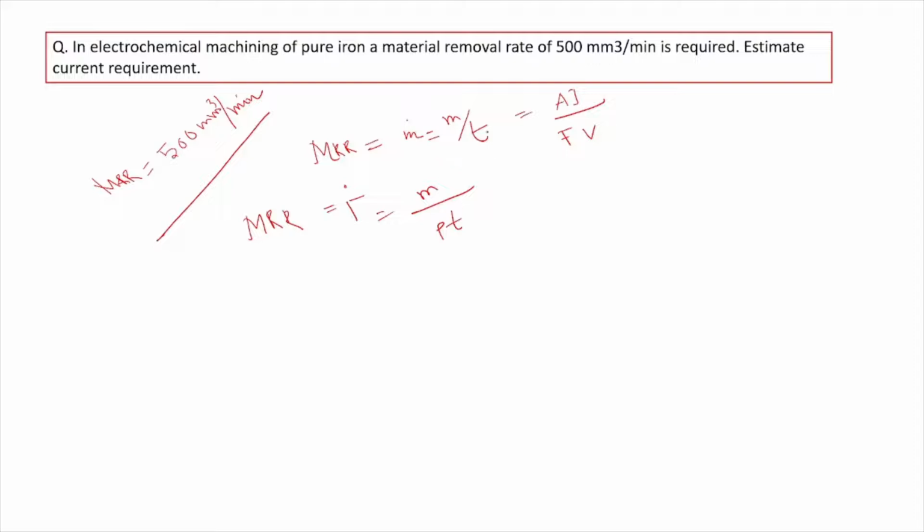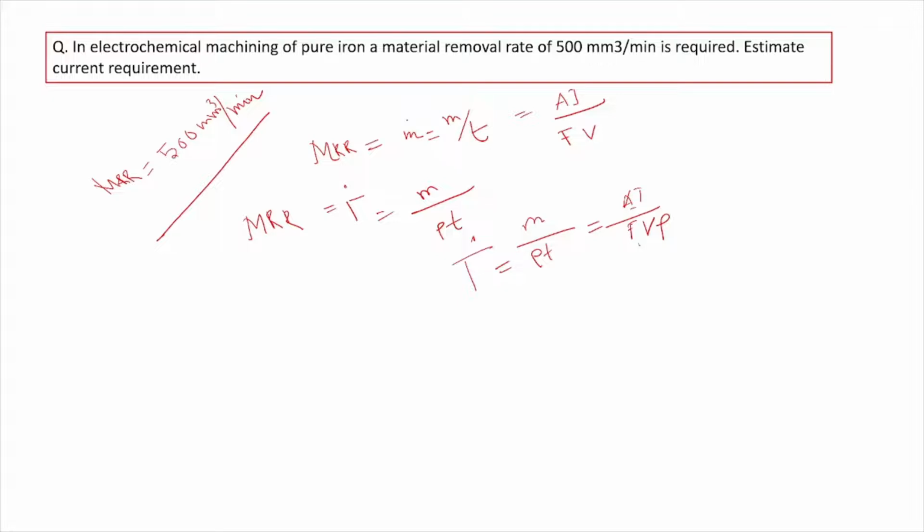So one relation we get is AI by FV, and one relation we get is m by rho into t. Both are equal, so we can say this equals AI divided by FV. F into V into rho will be there, right? So this is MRR equals AI by FV into rho.